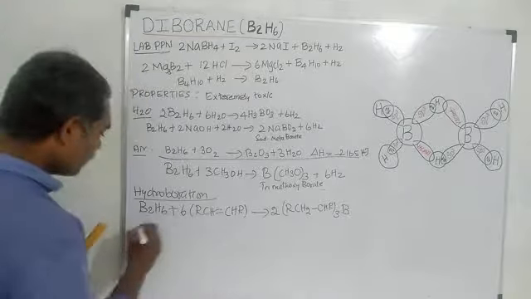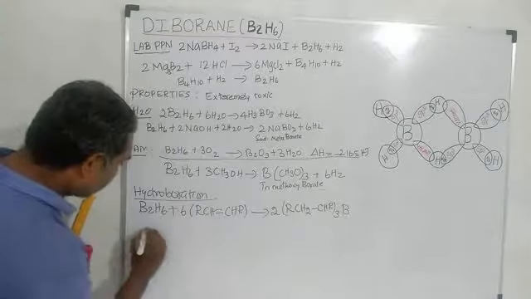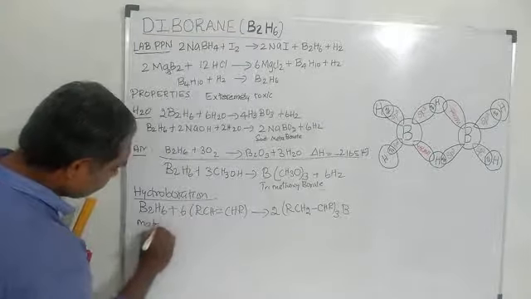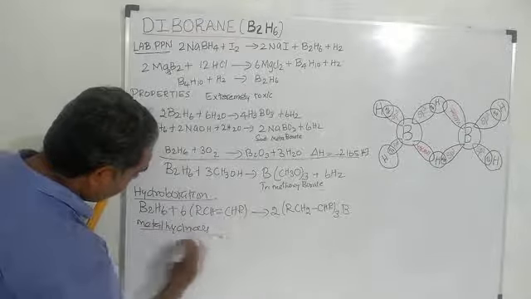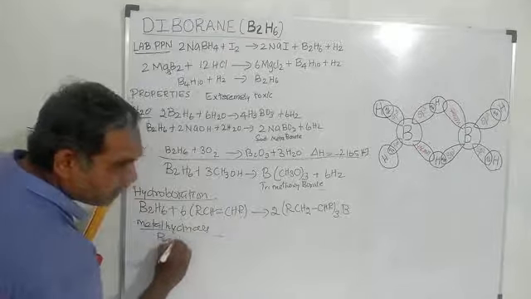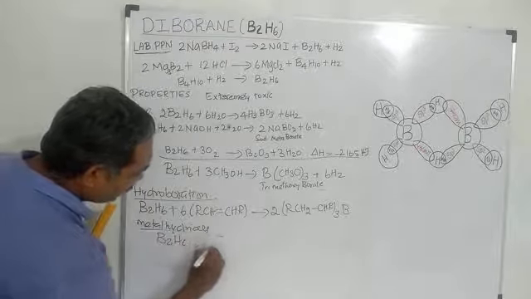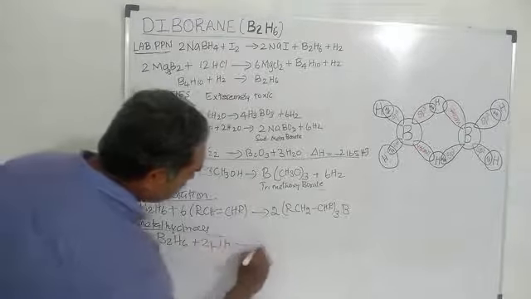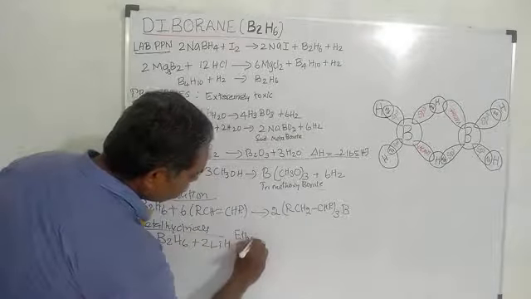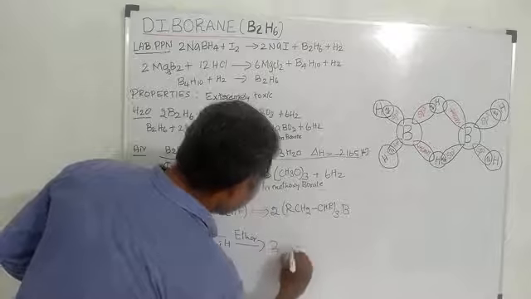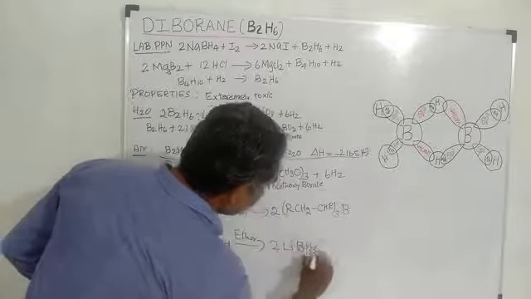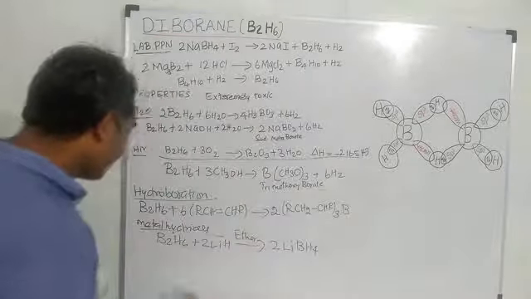Next, reaction with metal hydrides. For example, B2H6 reacts with 2LiH in presence of ether, and we will get 2LiBH4, which is lithium borohydride.